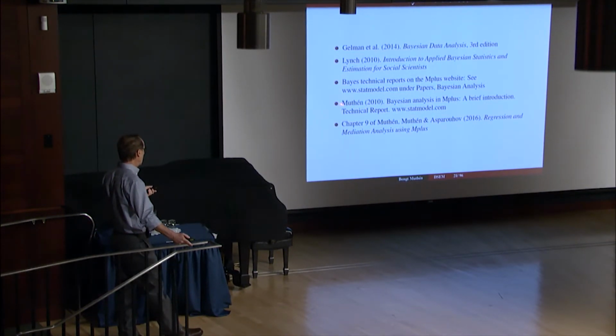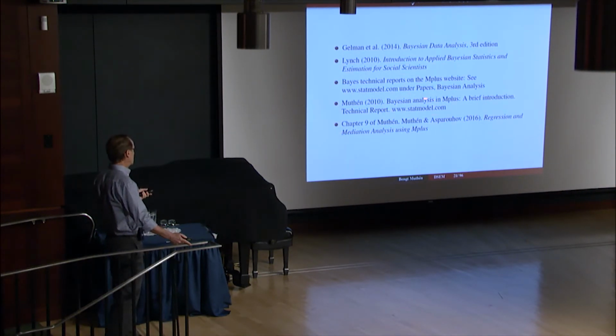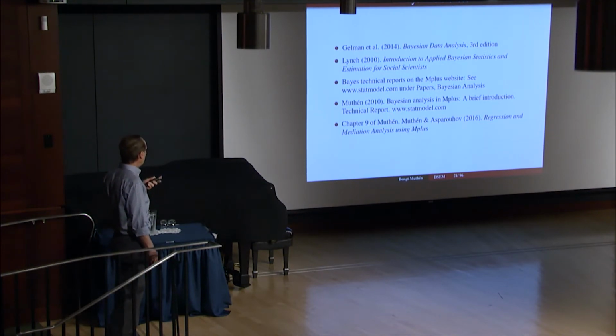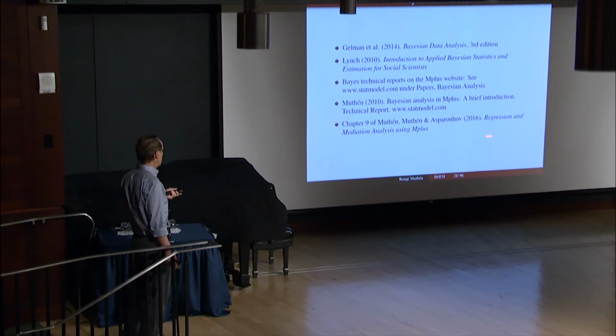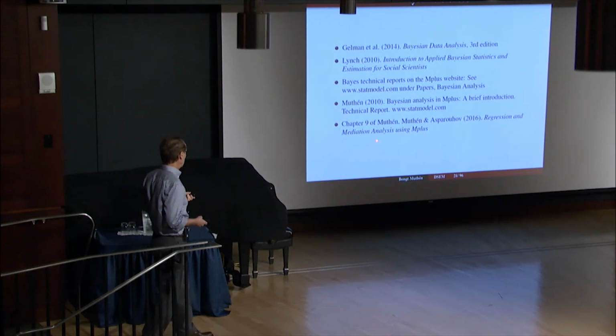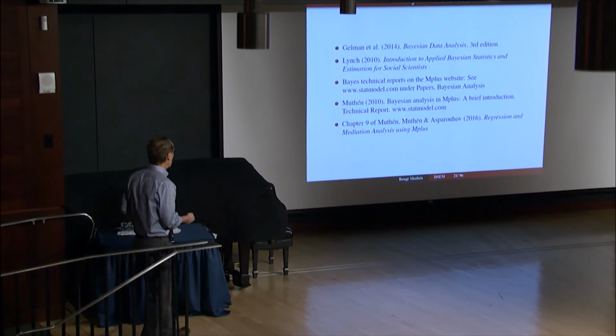And that's the paper that I mentioned, where I played around with weakly informative priors for 2-level modeling. But if you really want to read about Bayes in the Mplus context, then you should read chapter 9 of this book that's floating around here, which is devoted to how Mplus does Bayes.